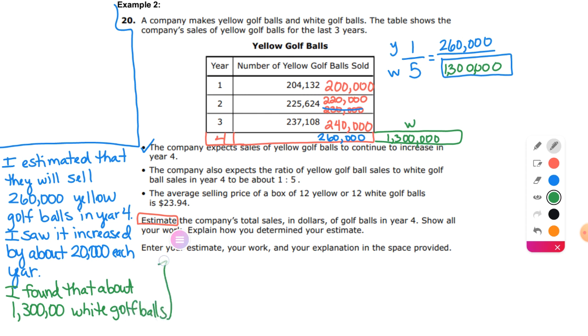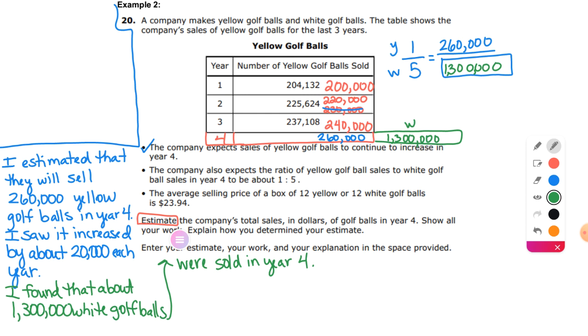I'm going to go up here. Like I said, I'm going to have to write all over the place, so I don't have to keep erasing. I found that about 1,300,000 white golf balls were sold in year 4. Then I just have to show my work.